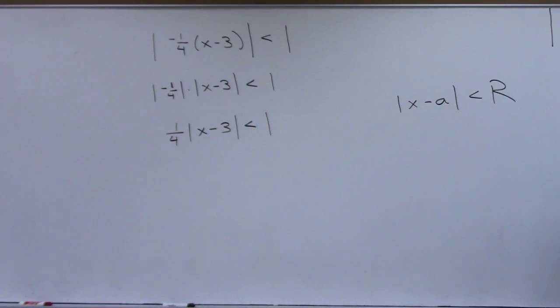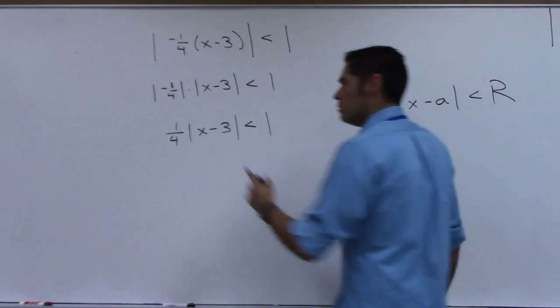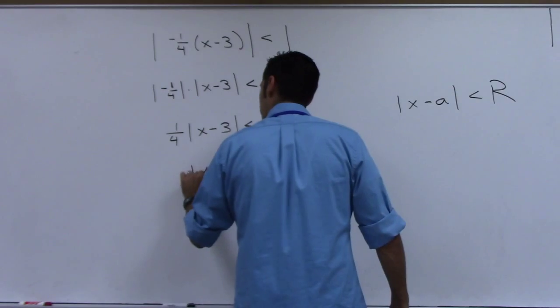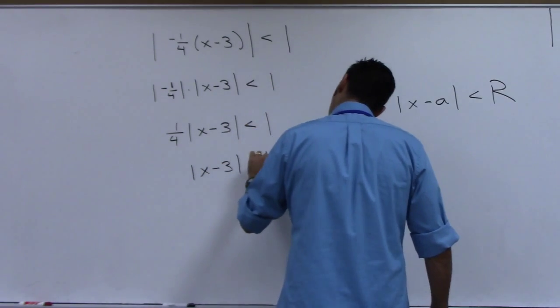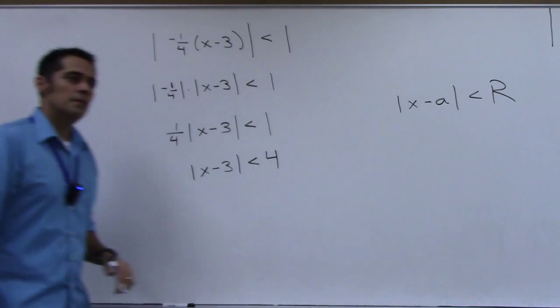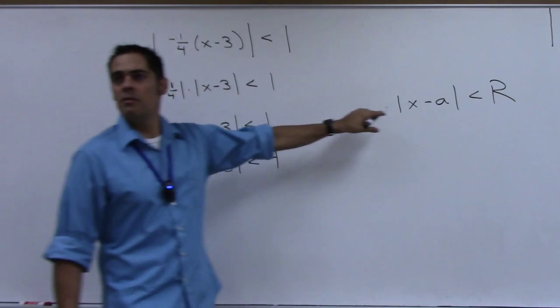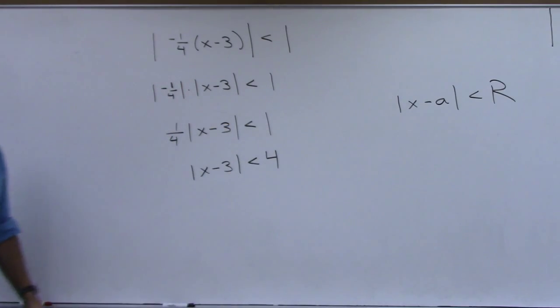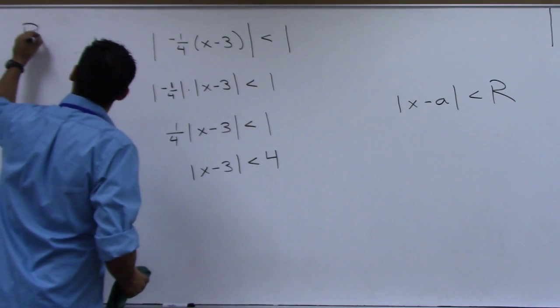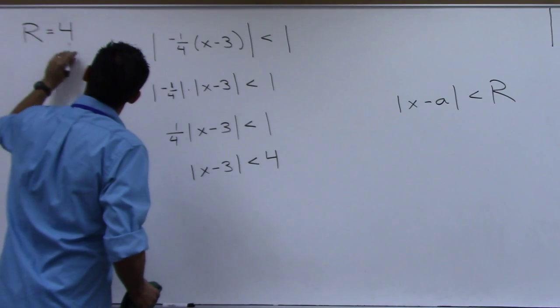And now finally, to get the absolute value of x minus a by itself, multiply both sides by 4. Okay. Does this look like this now? Yes? So what's our radius of convergence? 4. Our radius of convergence is 4.